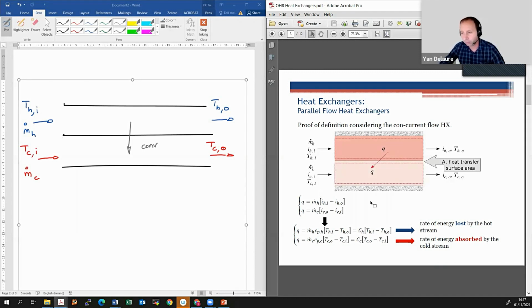But for the specific case of an incompressible fluid, such as water or liquid or gas at low Mach number, then these two equations here are equivalent to the two equations here, where we've added one thermodynamic property, which is the specific heat capacity at constant pressure for the cold and the hot fluids, multiplied by the difference in temperature. So the change in temperature of the hot stream and of the cold stream.